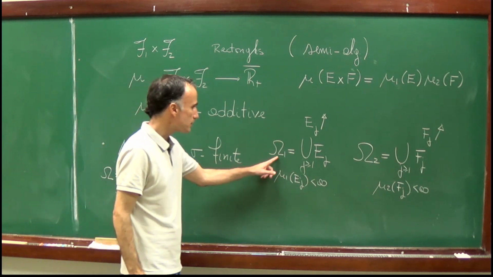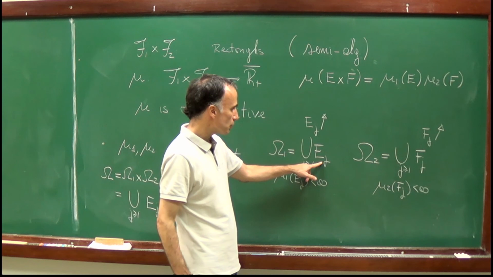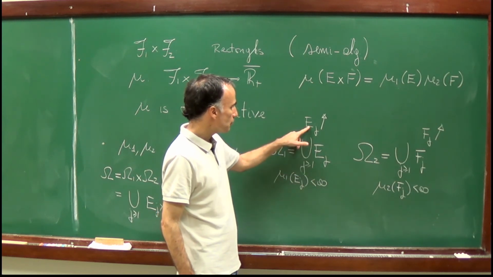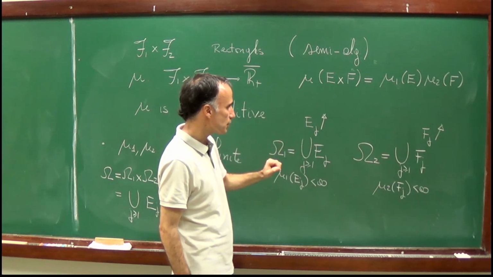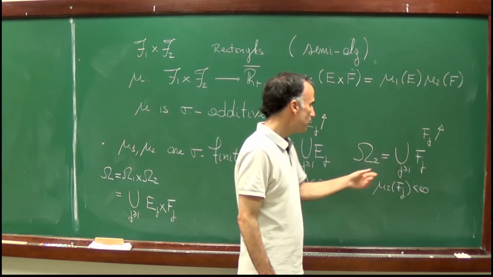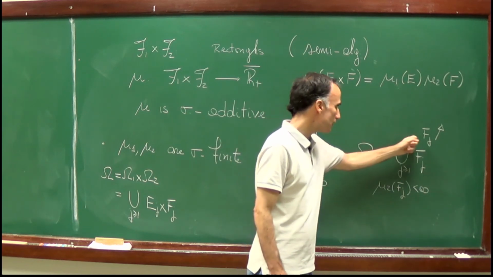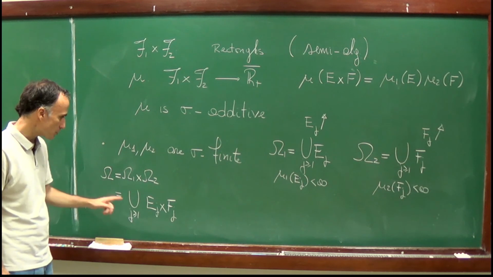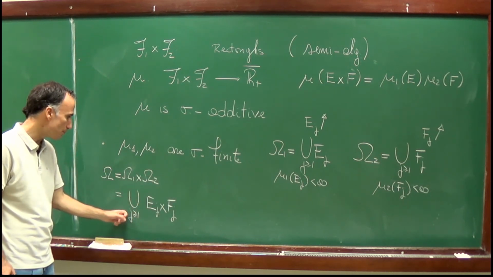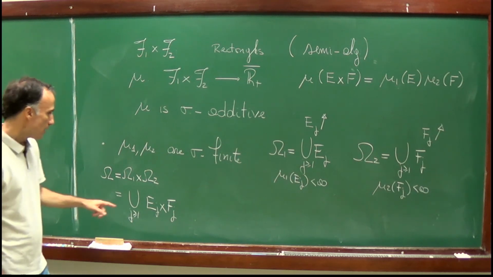So you take a point x in omega 1, so it belongs to this union, which means that it belongs to some Ej. If it belongs to that Ej, it will belong to all Ek for k larger than j. Same thing for y, and this means that x, y will belong to some Ej times Fj for a sufficiently large j, and therefore that x, y will belong to this union, which proves that we have this identity.